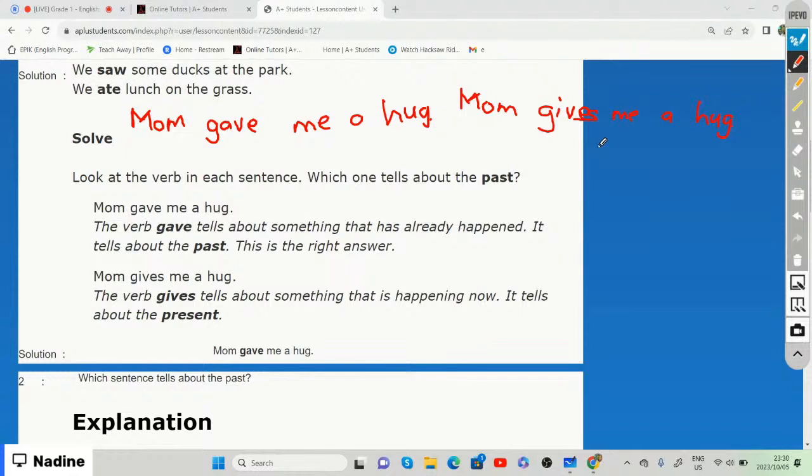And find the verb that tells us about the past, then we can say it is "Mom gave me a hug." Gave. And gave tells us about something that happened already. It's in the past, right? And gives is showing the present.